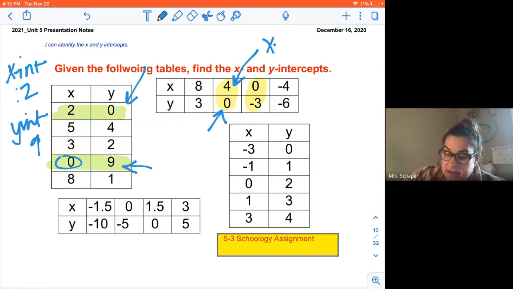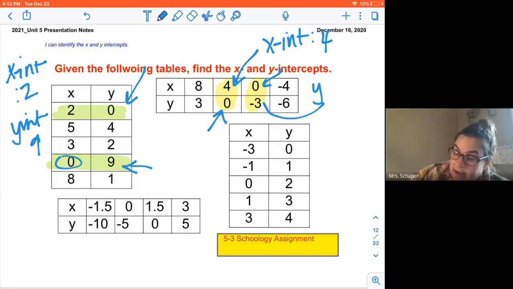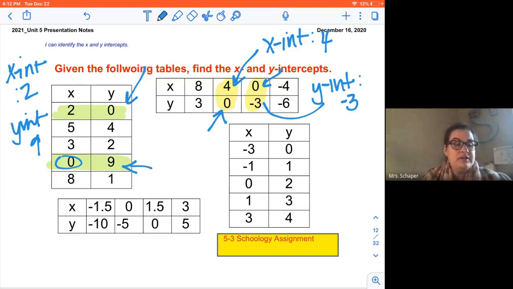That means that the x-intercept is 4. For the other one, I see that x is 0, which means my y-intercept is -3.